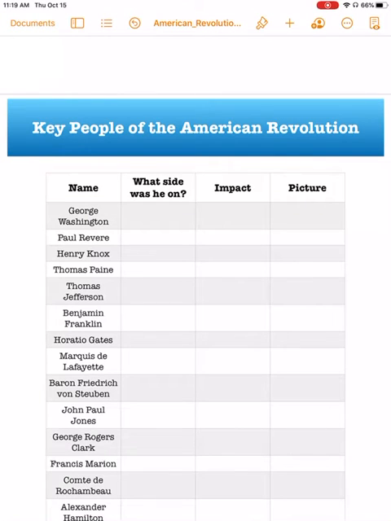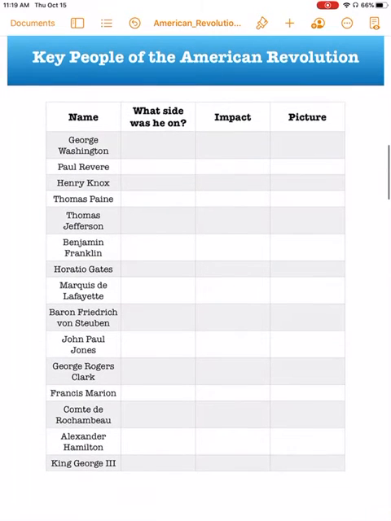If we go back to our Pages document, you see those first 5 key people. For each key person, you need to tell me what side he was on. This is a war, and there are always 2 sides to a war. We have the colonists, or the patriots.